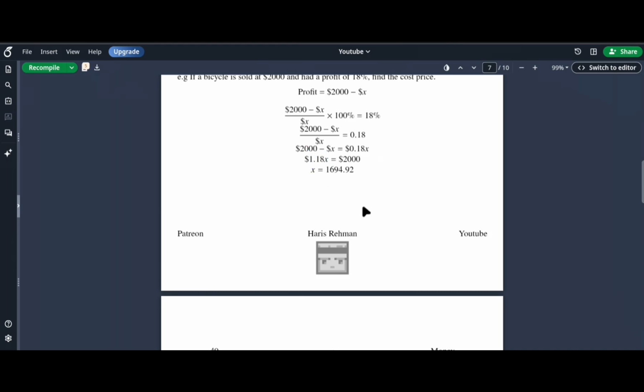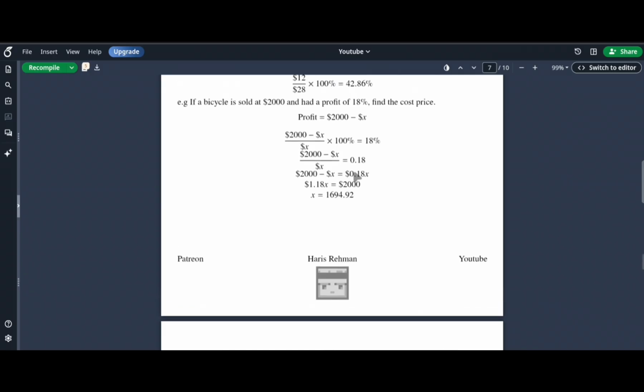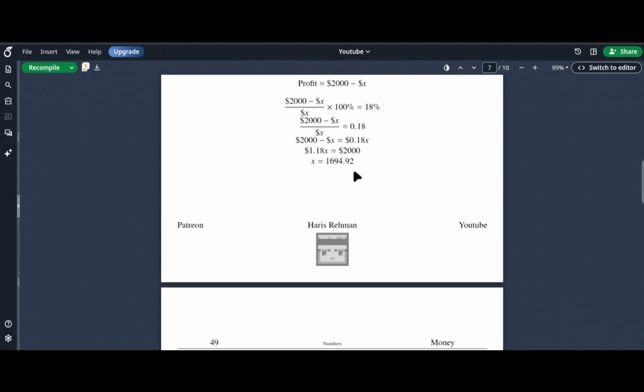Divide by 1.18 on both sides, you get this value. Now this value has no unit to it, but in the answer space it will be this much in dollars.